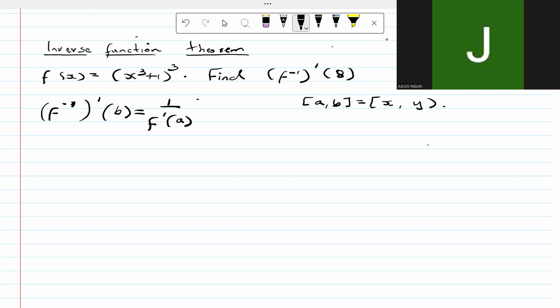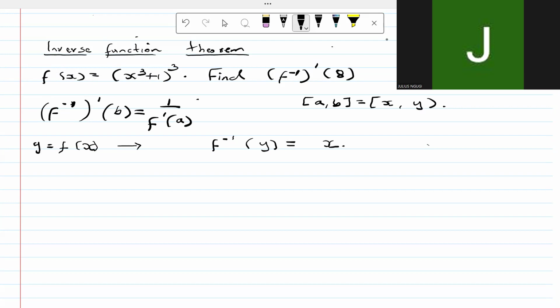Now, let's recall that if this is y equals f of x, and the function is one-to-one and continuous, then if you take the inverse on both sides, you get f inverse of y is equal to x.